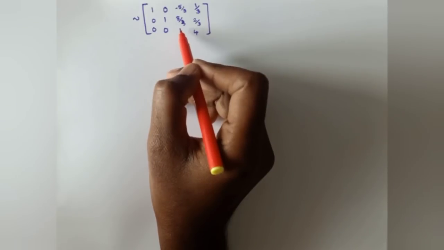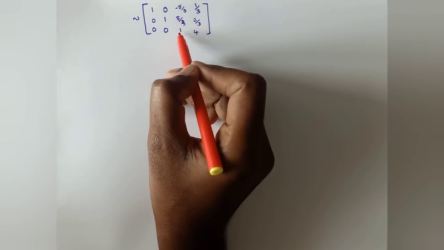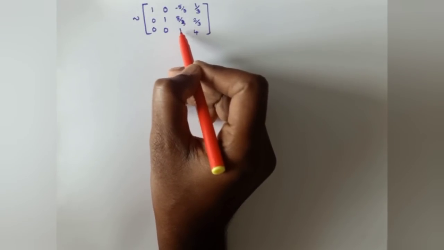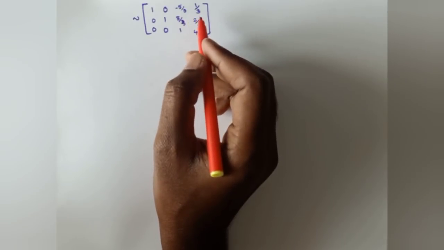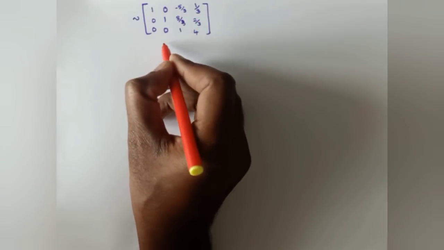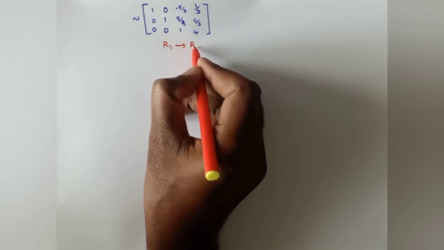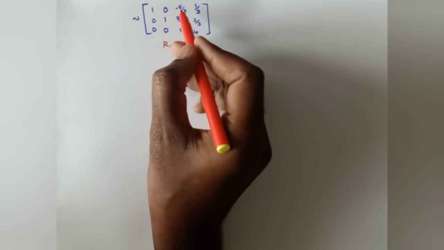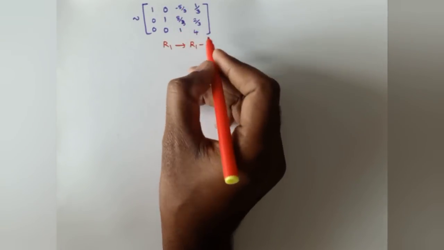Then the third step is, you need to make this column as 0, 0, 1. So already 1 is here. So by using this row, you can make these two elements as 0. So we can apply the row 1 operation. To make this as 0, we need to multiply this row with 5 by 3.